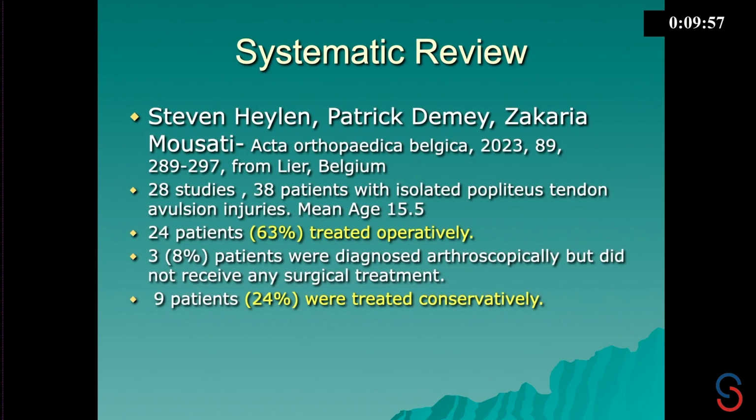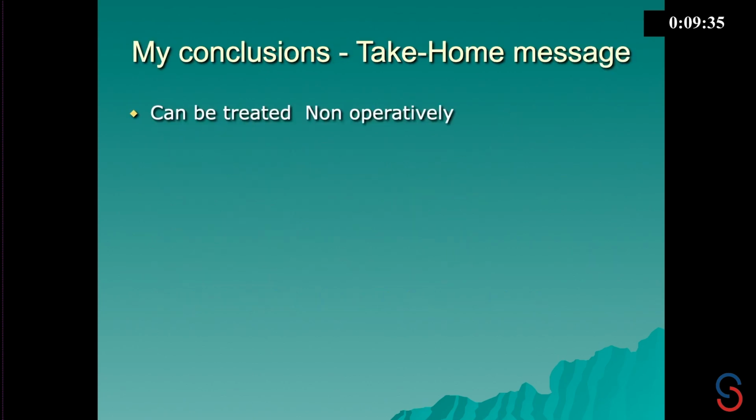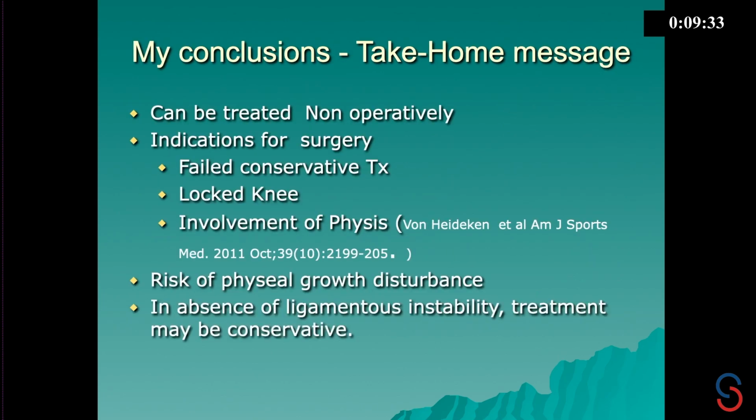However, Stephen Halen from Belgium did a systematic review and found about 38 patients who had the same pathology. 63% of them were treated operatively, 24% were treated conservatively. My conclusion from this pathology is that it can be treated non-operatively.